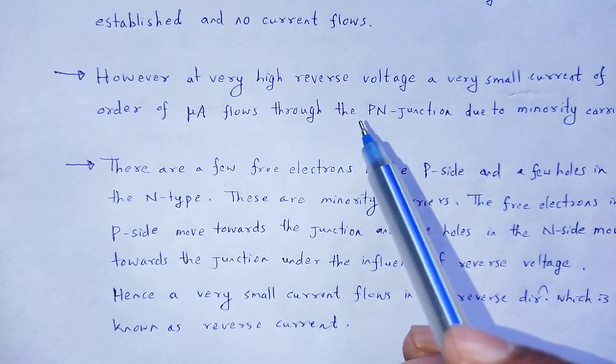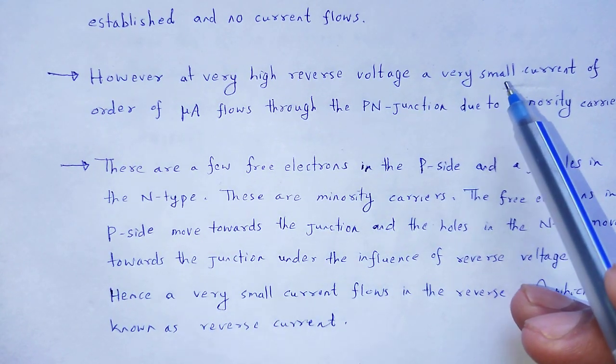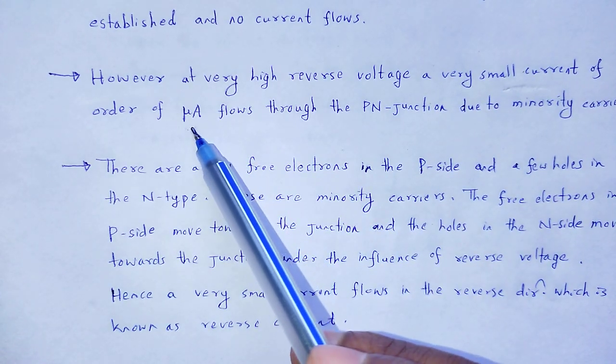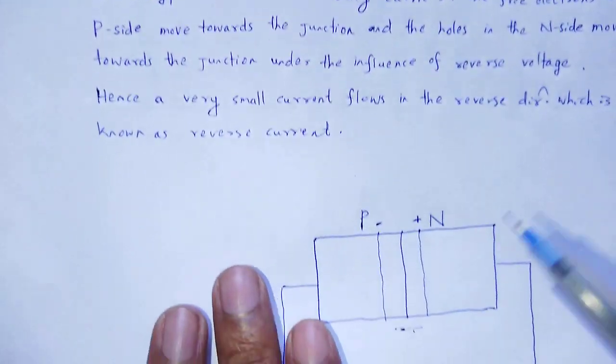However, at very high reverse voltage, a very small current of the order of some microamperes flows through the p-n junction due to minority carriers.